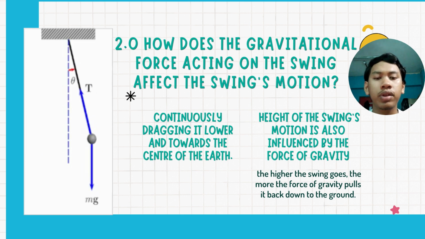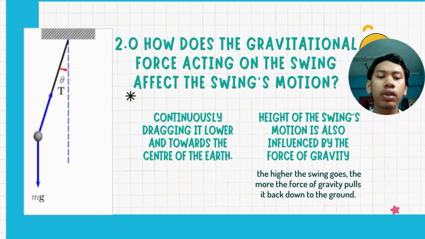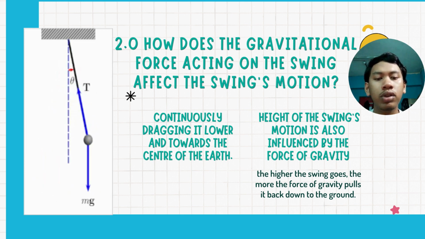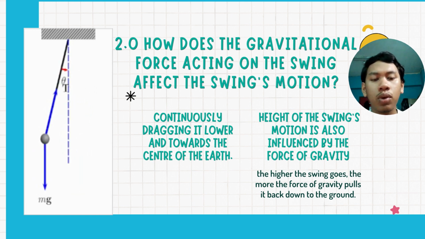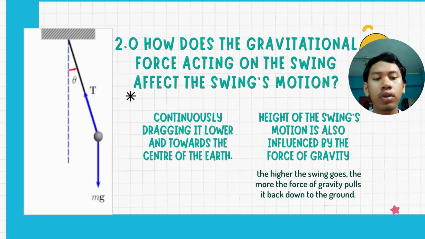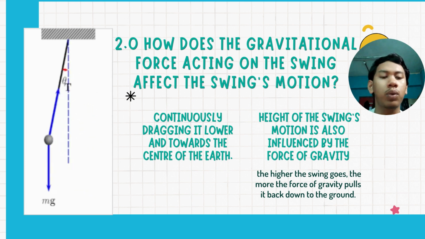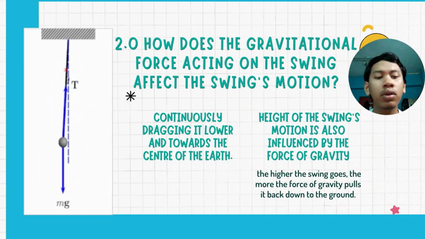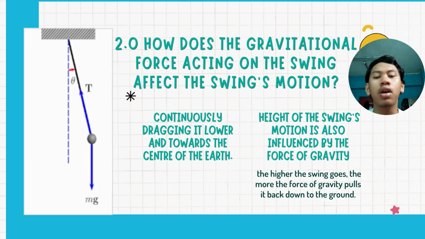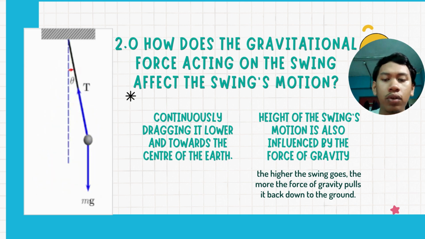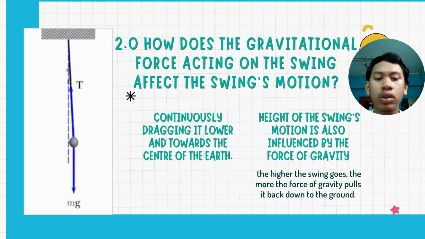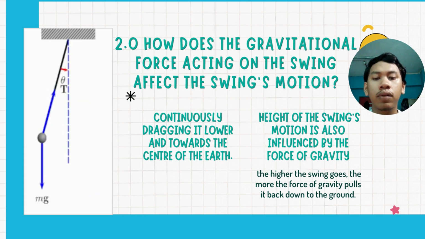And now I will present how the gravitational force acting on the swing affects the swing's motion. So, as we all know, the gravitational force is always acting on us whenever we sit and whenever we do something on this planet. As you can see in this video, the gravitational force is always acting toward the bottom of the video.